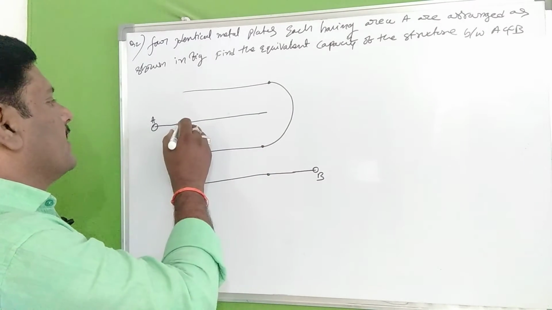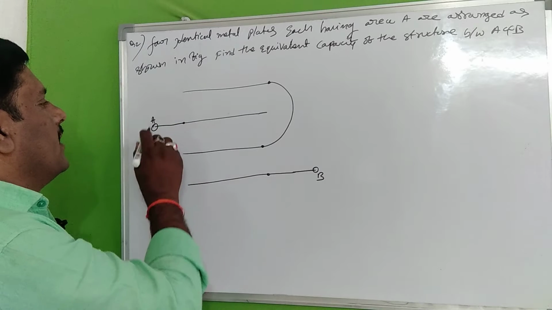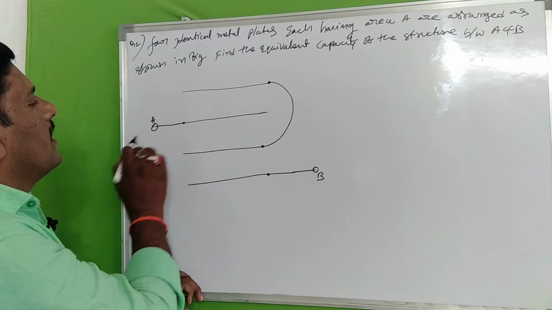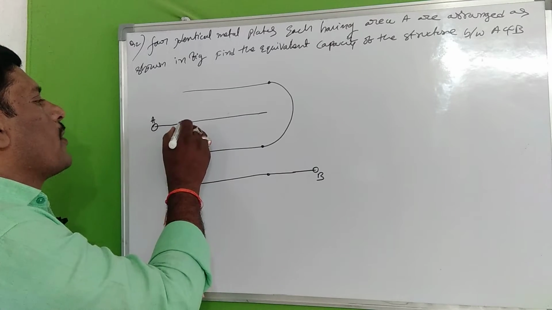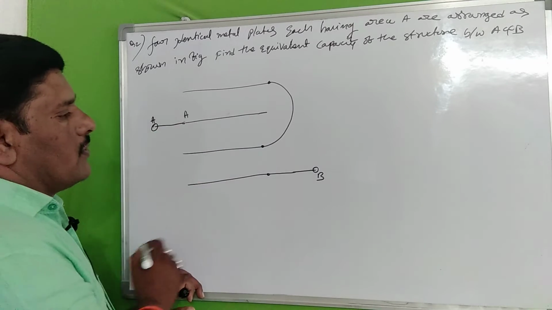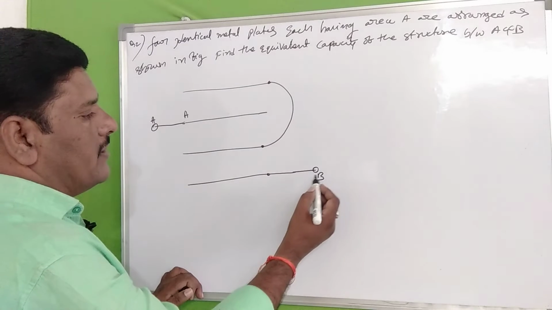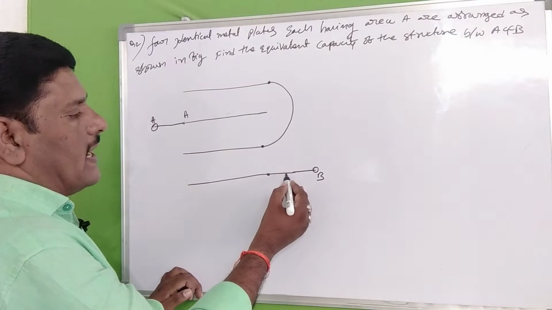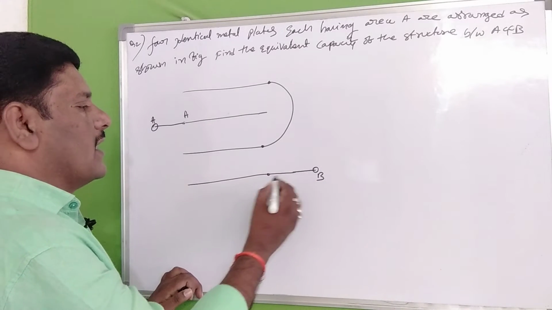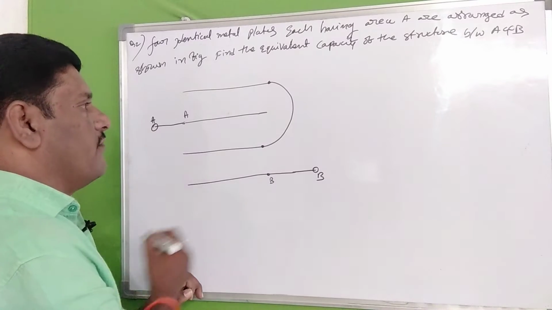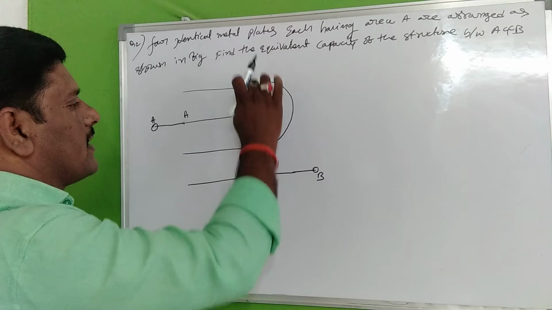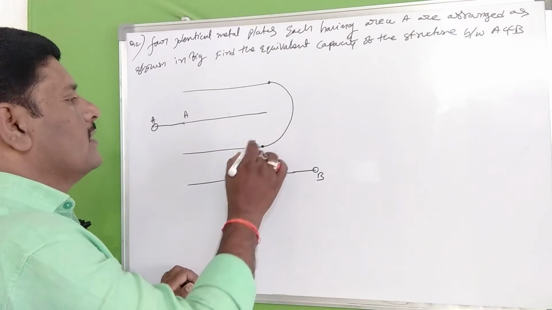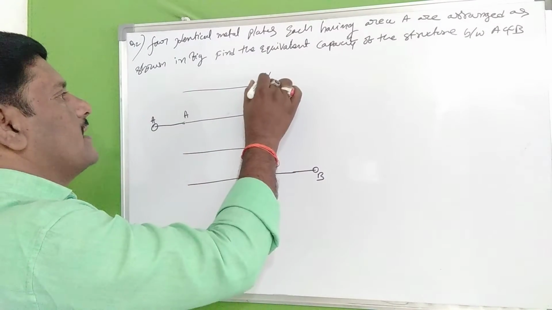Here the plate is A, and there is no electrical element, so the potential is A. From the B side there is no electrical element, so the potential is V. Now we take another unknown point, taken as X.